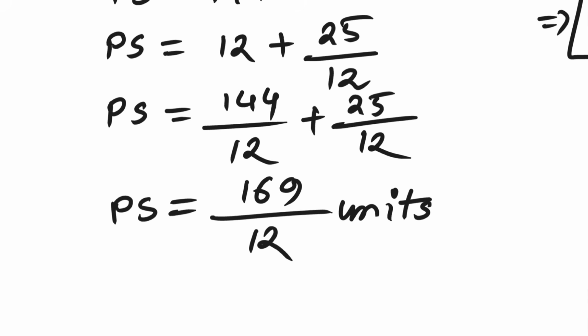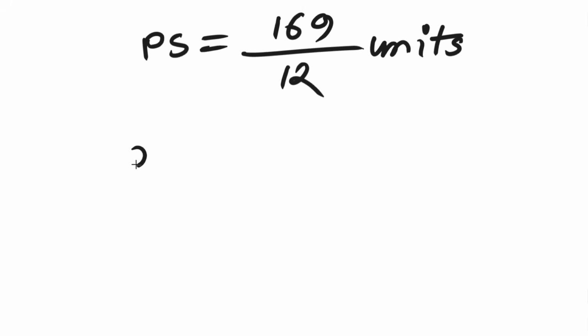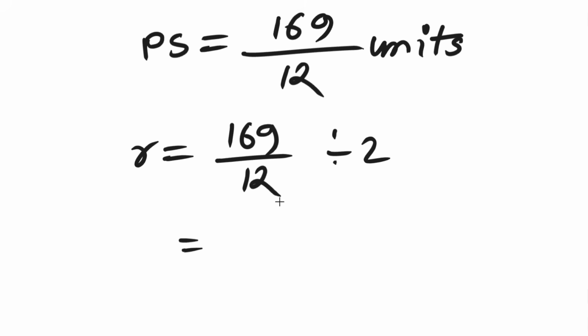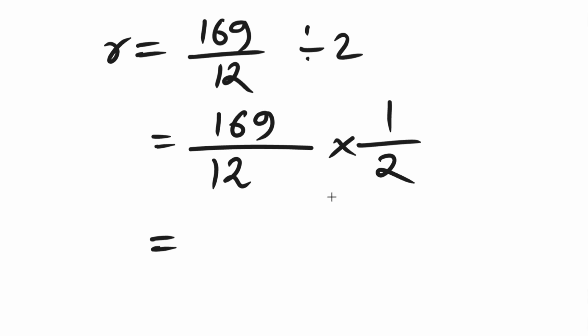Now we're almost done. Remember that the radius of a circle is exactly 1/2 of the diameter. Therefore, the radius r equals 169 over 12 divided by 2. Dividing by 2 is the same as multiplying by 1/2, so we get r equals 169 over 12 multiplied by 1/2. Multiplying the denominators gives 24.